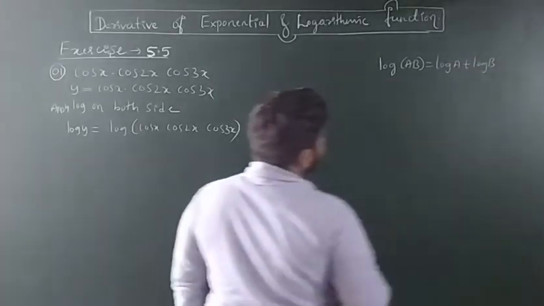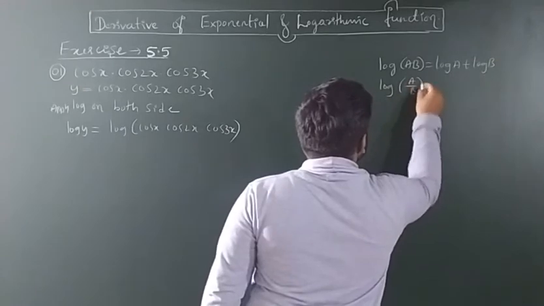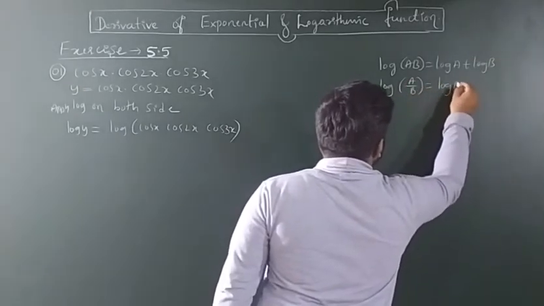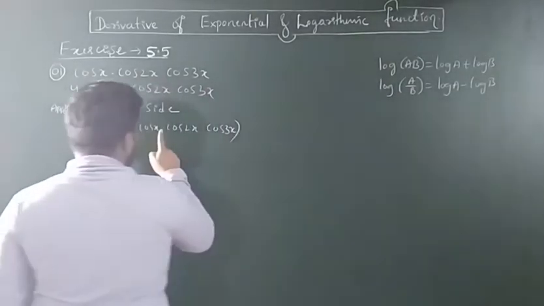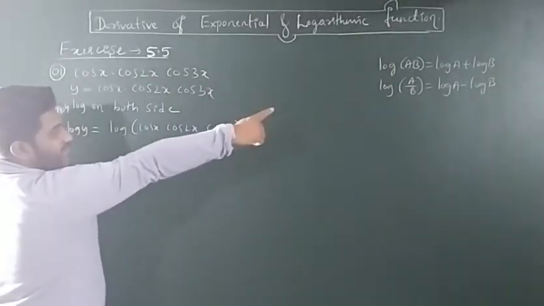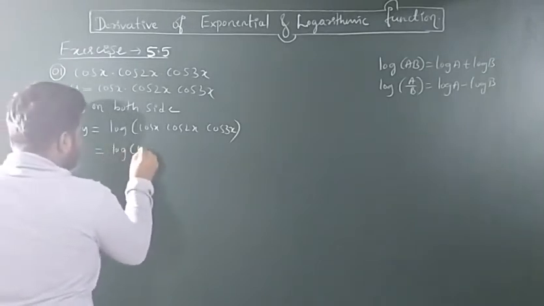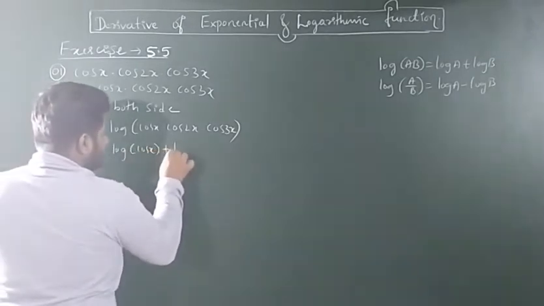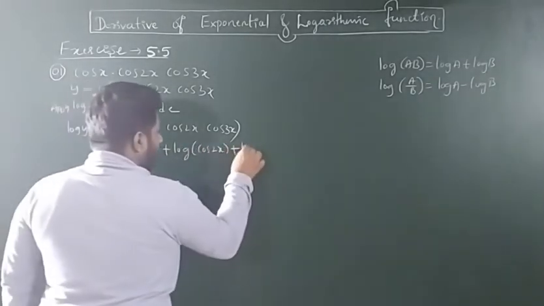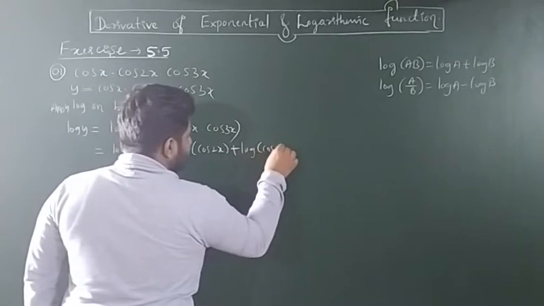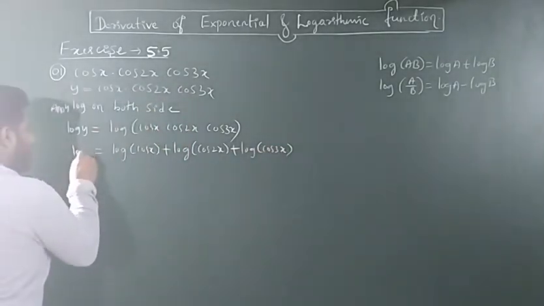And whenever log a by b comes, we have the formula log a minus log b. Here a multiplication sign is there, so you can write this as log of cos x plus log of cos 2x plus log of cos 3x, because we are using the first formula. So this is nothing but log y.